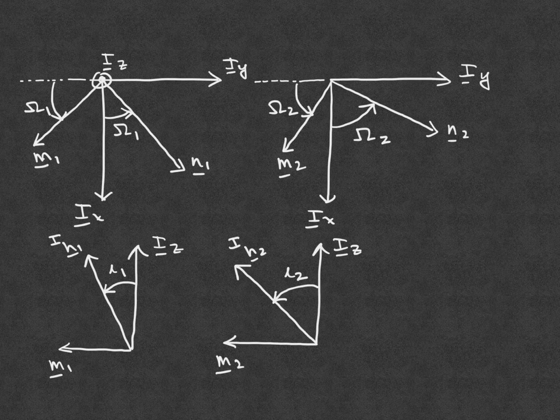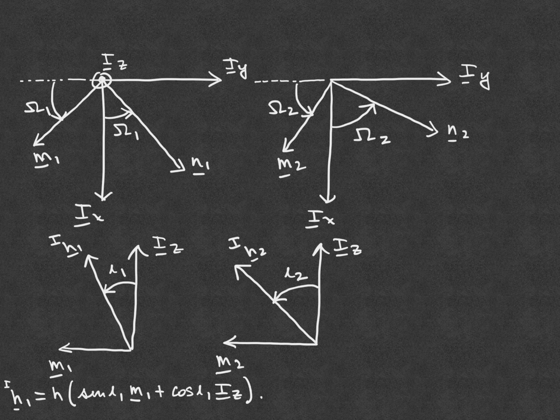So therefore, h1I is equal to h times, well, if we decompose h1 into a component along IZ and a component along m1, we get sine of I1 times m1 plus the cosine of I1 times IZ.